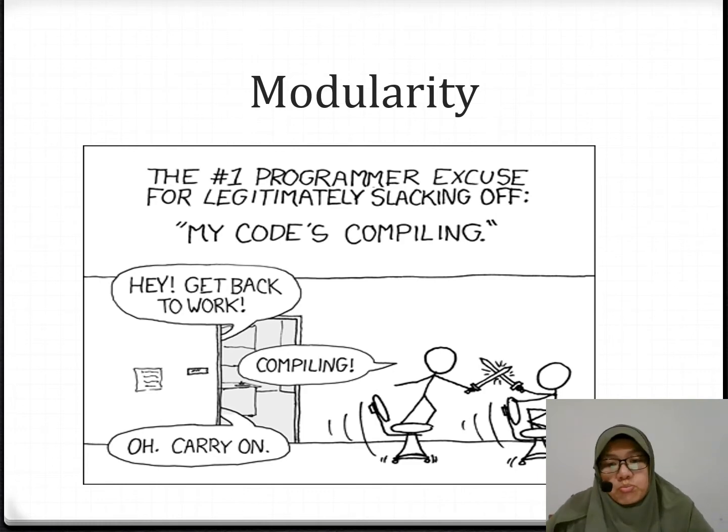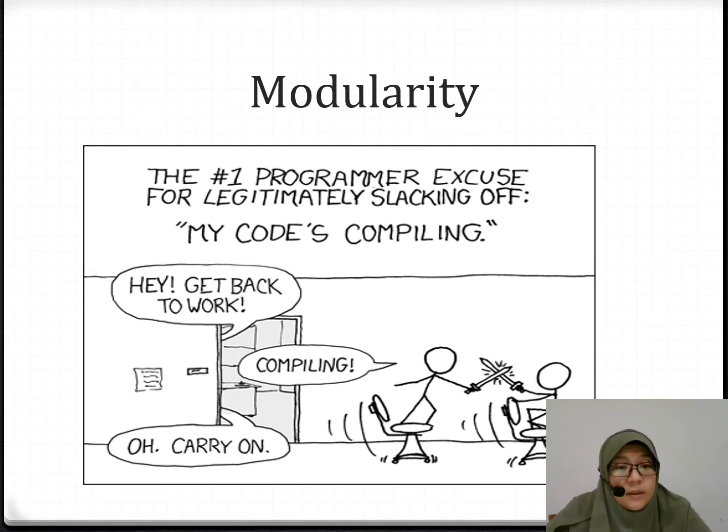So most of us as programmers, when you program and your code is compiling, you're like, okay, it compiles, that's fine. You think that it's a good achievement, that it compiles, which is partially true.